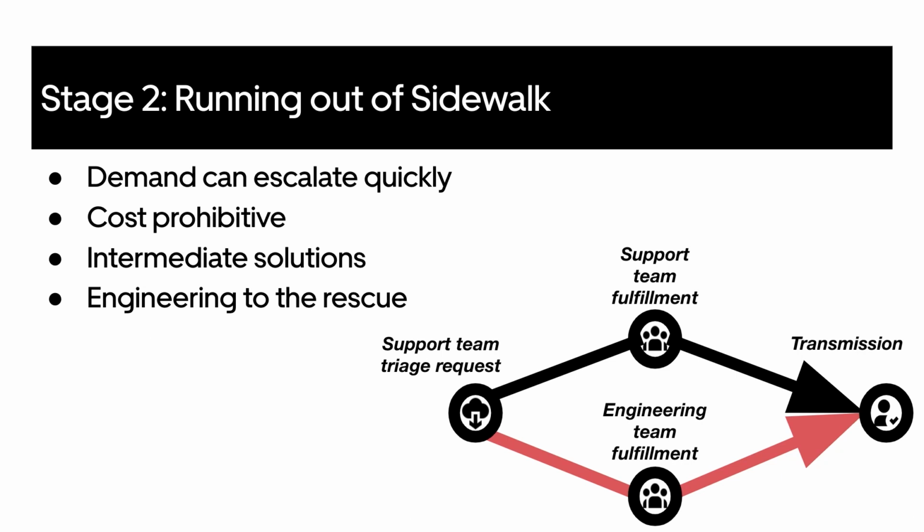You could be faced with thousands of user requests, and the process by which you have an agent running a templatized query just doesn't scale. You can have your engineers step in to provide partial solutions that allow you to query key data sources and process more requests. And you end up with a process similar to this, where you have your support agents doing much of the work, but then engineering doing another part of the work, and then converging towards the end.